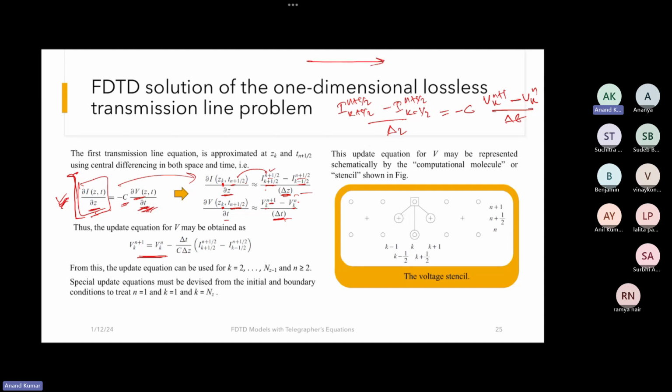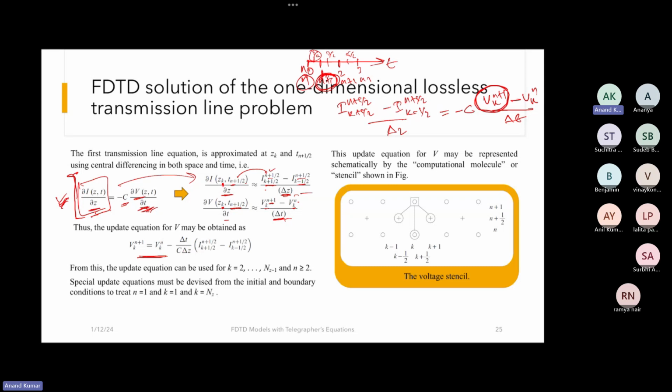If we are marching in time, this is n equals 0, n equals 1, n equals 2, n equals 3, and in between we have n equal to half, 3 by 2, 5 by 2. So n plus 1 comes after n and n plus half, and n plus 1 is the latest value.